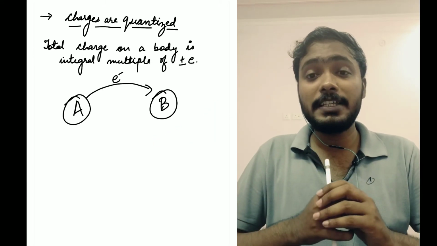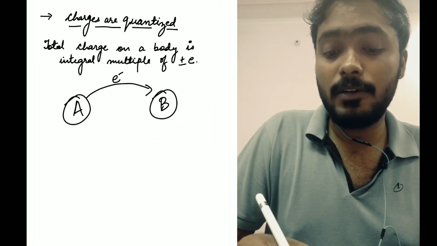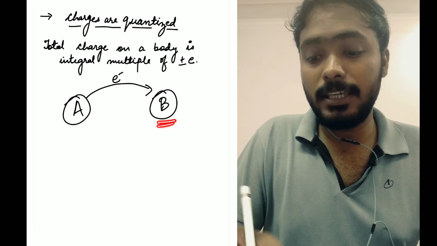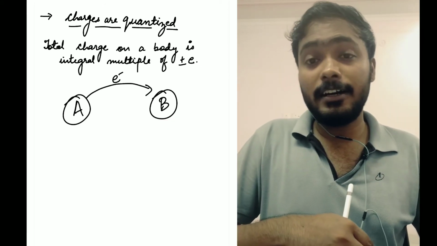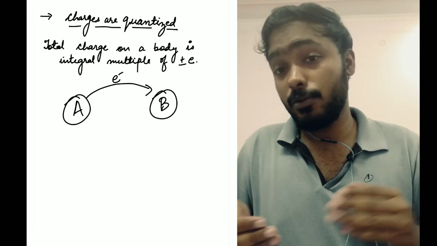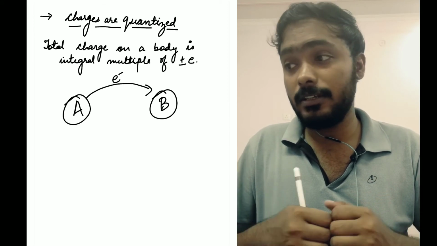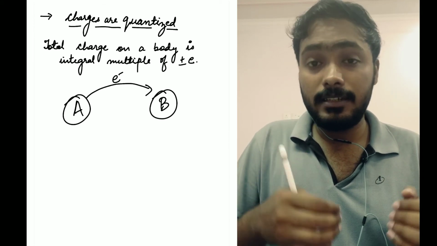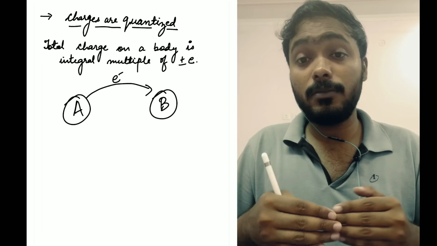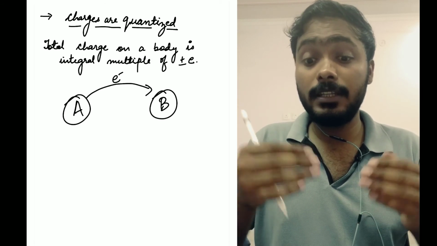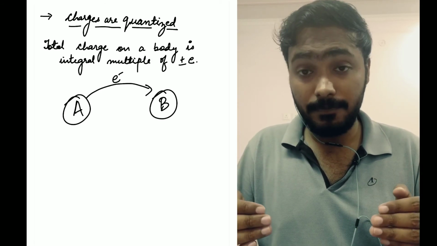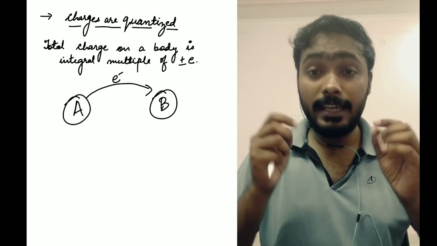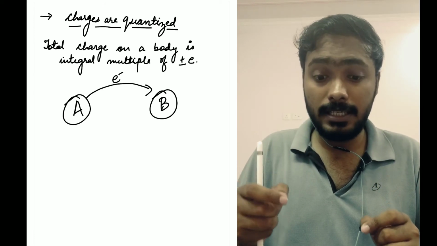So body B cannot say that it wants 2.5 electrons or 3.5 electrons. It can only take electrons in the integral form of plus or minus e.